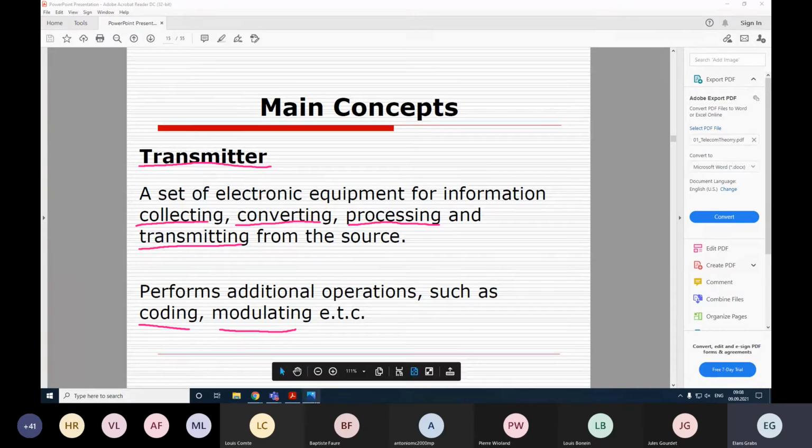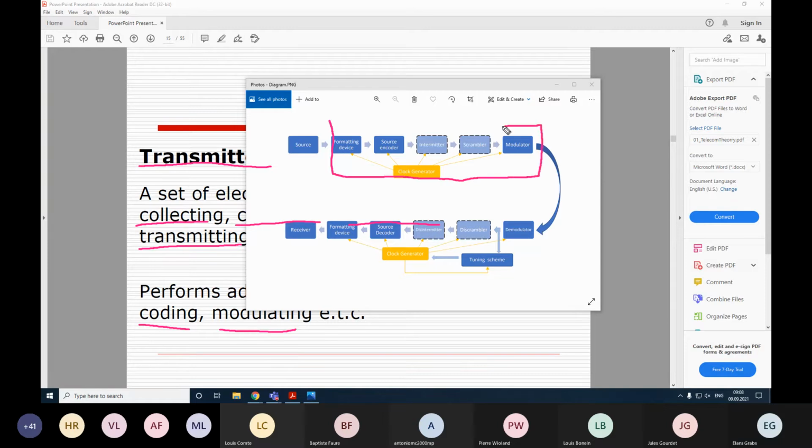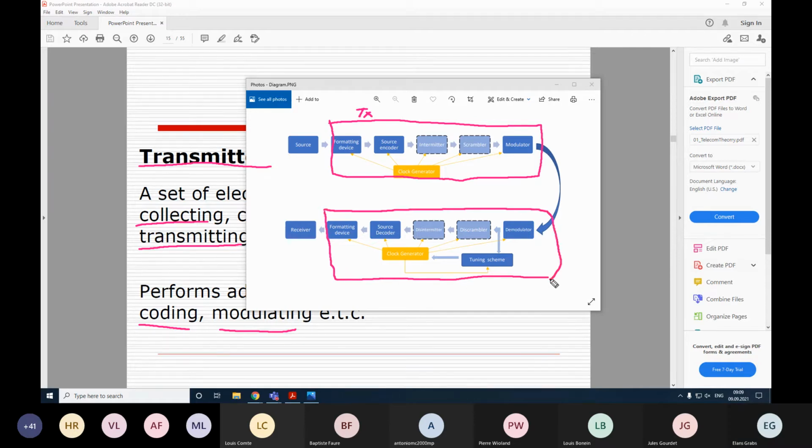If we look at this diagram, the transmitter will be here. That is the transmitter. For short, it can be denoted as TX. This is usual practice. Accordingly, the receiver will be this part, Rx. The source and destination are not part of the system, and accordingly not part of the transmitter or receiver.